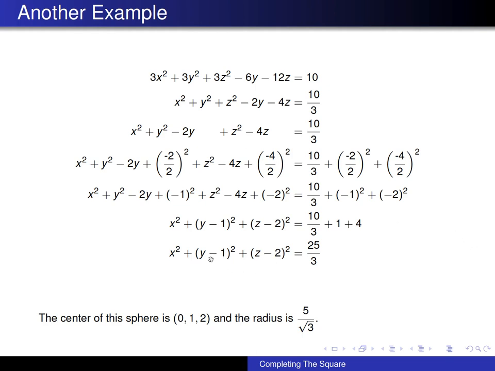These fit the pattern with a minus sign, so we just have to pluck the 1 and the 2 there. So the center is (0, 1, 2). The radius is the square root of this number. The numerator, nice square root. The denominator, not so much. We'll just write it as 5 over root 3. If you'd like to rationalize the denominator, be my guest, but not a real need to do it in this problem.